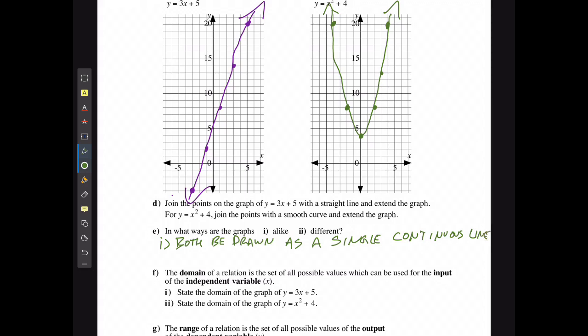How are they different? One is a straight line, and one is curved.